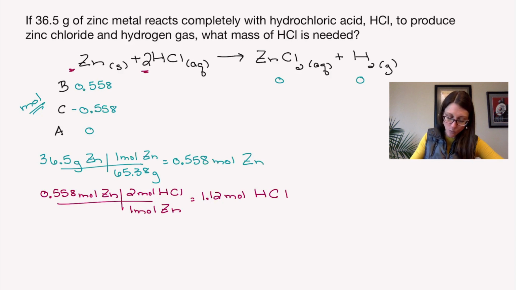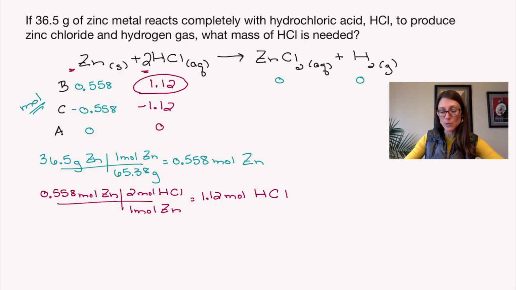I find that I need 1.12 moles of HCl to react with that same amount of zinc. And since I wanted to use that HCl up all of the way, because it just said how much is needed to react, that means that must have been the amount of HCl that I started with. So here's my moles of HCl.